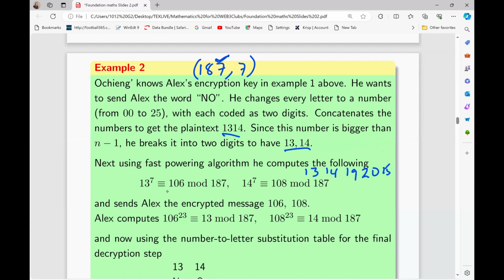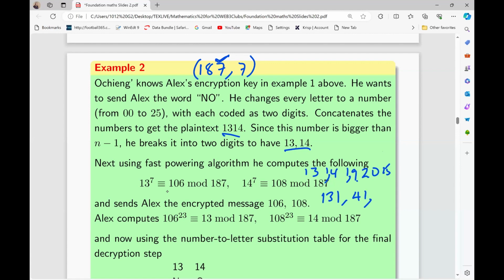If your M is 187, I can break it here: 131, which is less than 186. But 419 would be greater. So I break it here so that I have 41, because if I break it at this 9, it would be greater than M minus 1. This is 92.